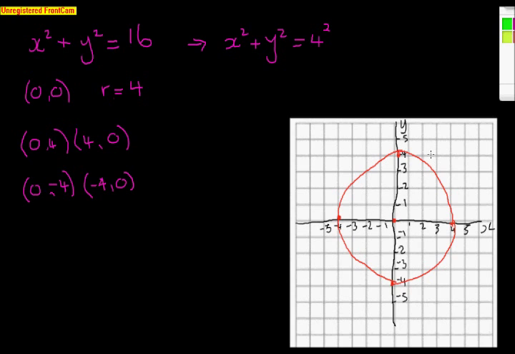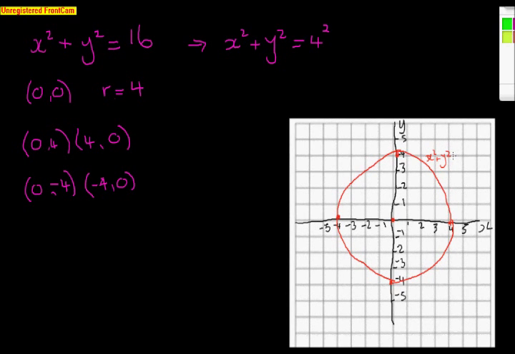And we're done. We can just label our circle with our equation, x squared plus y squared equals 16, and our origin of 0, 0. And we're graphed.